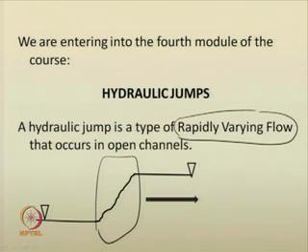It jumps to a higher level. This is a hydraulic jump. You can see such phenomena in many places in nature, as well as in canals, in engineered flows, in dams and structures. You will see hydraulic jumps in many locations.